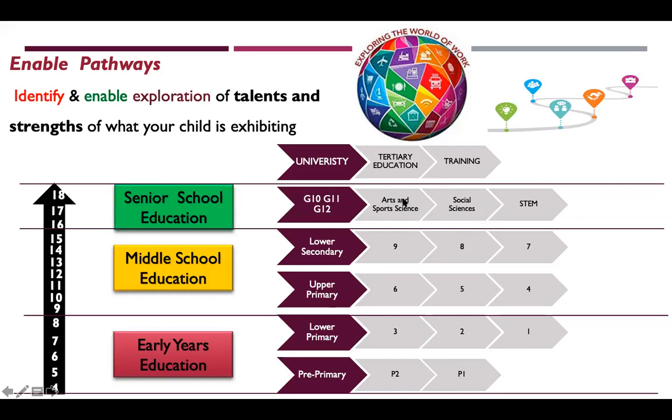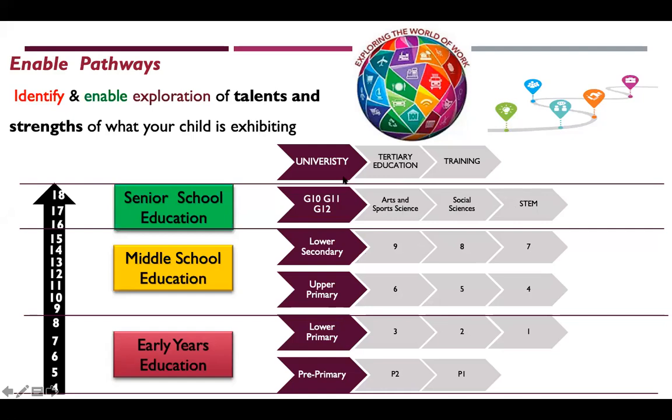Now, if this child does not become the world champion holder, he may choose to be a sports doctor, okay? He may venture into sports medicine, which again requires sciences. He may venture into sports journalism, which becomes a social science. He may want to venture into coaching and remain within the sports arts and sports science frame.